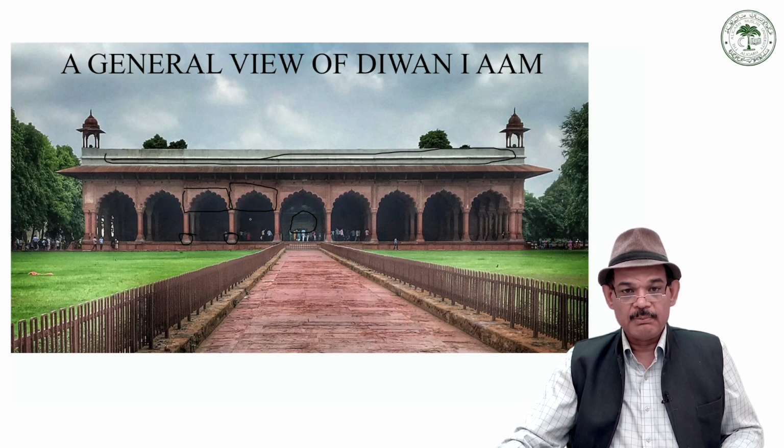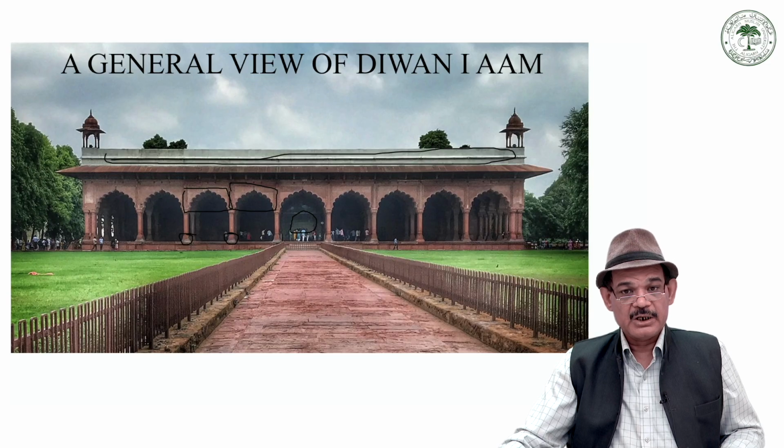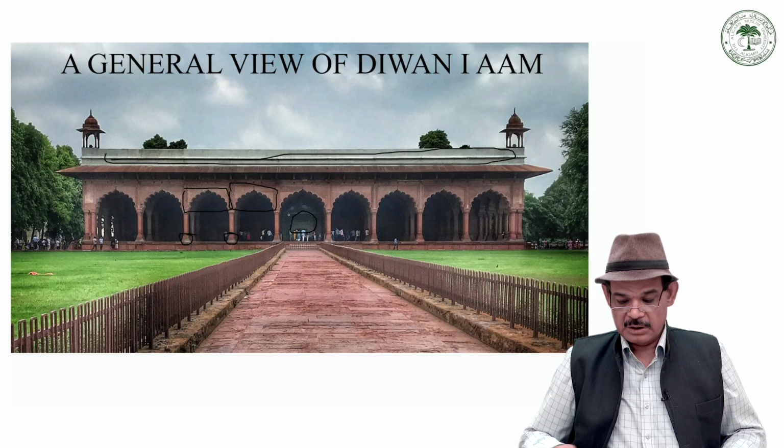Shah Jahan liked a white color, so this whole structure has a white plaster, a gilded stucco plaster created from white shell powder. This building looks white because of it. It is a very beautiful, very spacious structure, meant for holding a court.